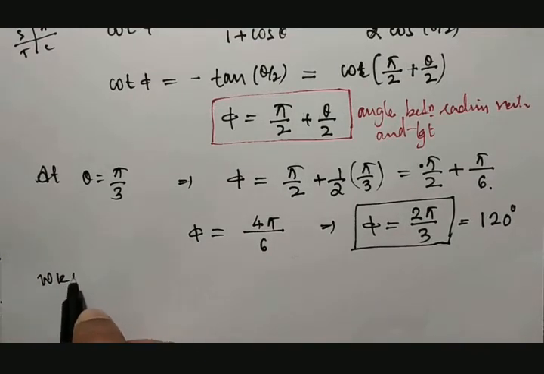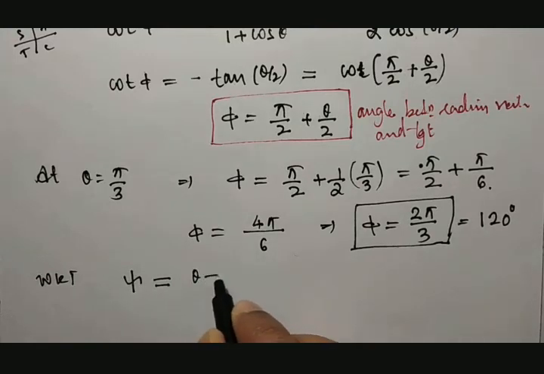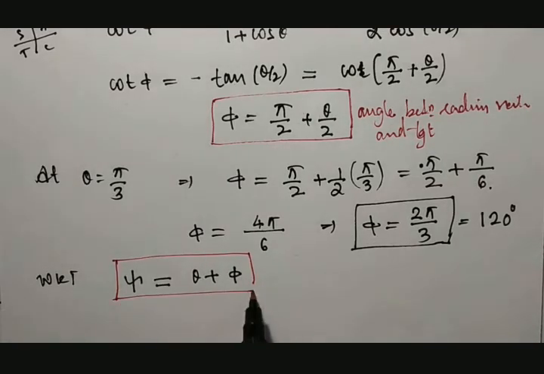Then what is to be calculated? Slope of the tangent. Slope of the tangent is nothing but tan psi. Therefore, psi is equal to theta plus phi. This we know. This is the result which we discussed in the derivation. So let us substitute the values now. Psi is equal to theta plus phi.